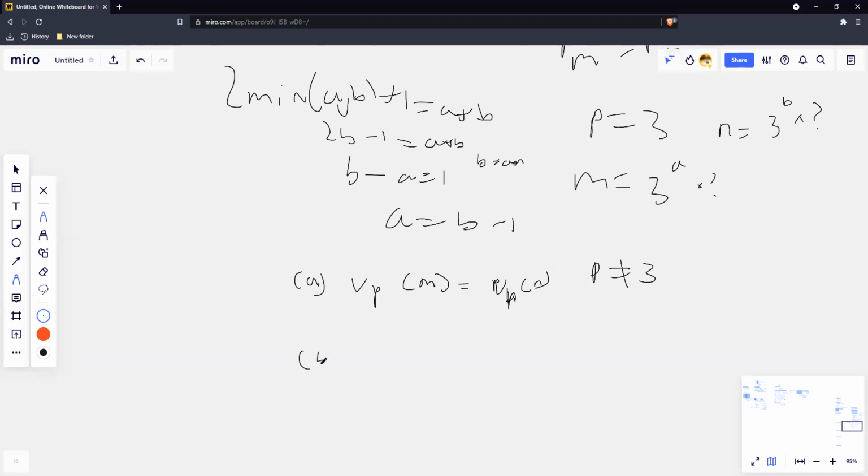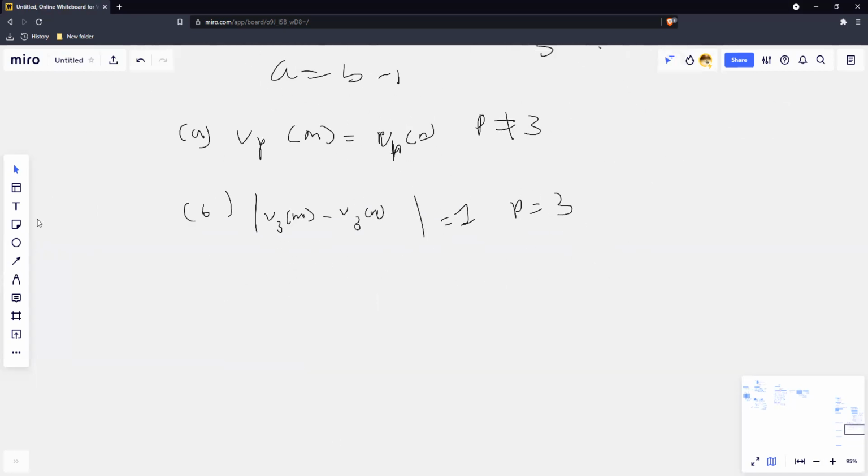And when p is equal to 3, v sub 3 of m minus v sub 3 of n must be equal to 1. This basically says the difference between the amount of times 3 appears in m and 3 appears in n must be equal to 1, and that's why we had the absolute value. So basically, this is the answer for the question.